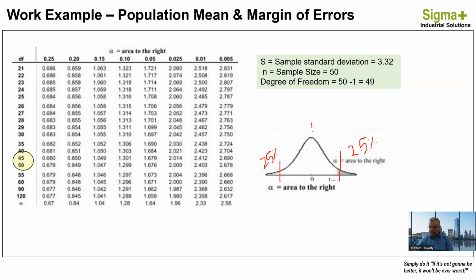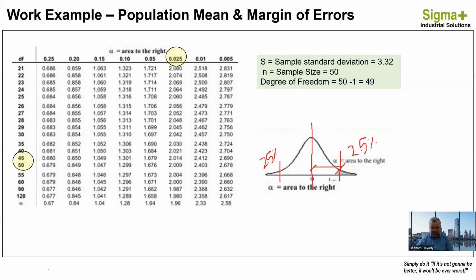The t-score represents the distance between the population mean and the location of the t-score. This is the number of standard deviations between the mean and that point. So my second piece of information that I will need to find the t-score value is the significance value alpha, which is 0.025.